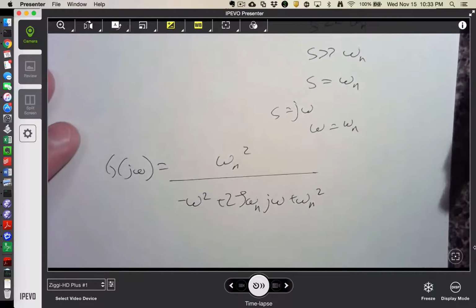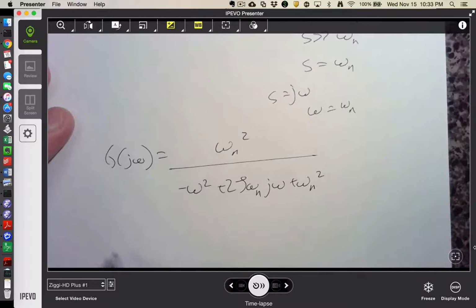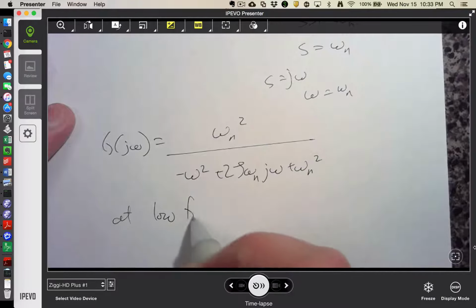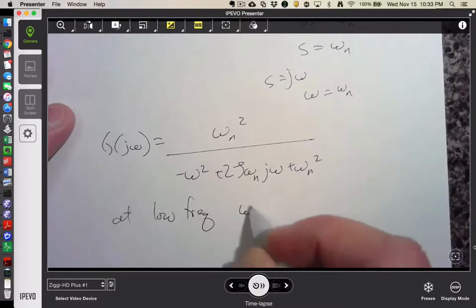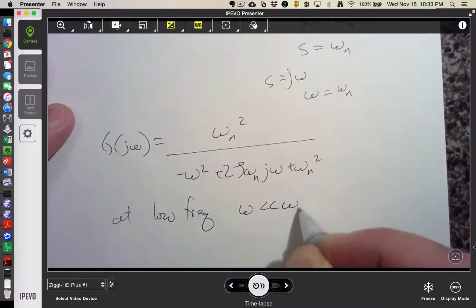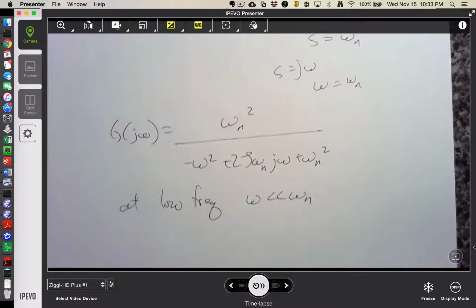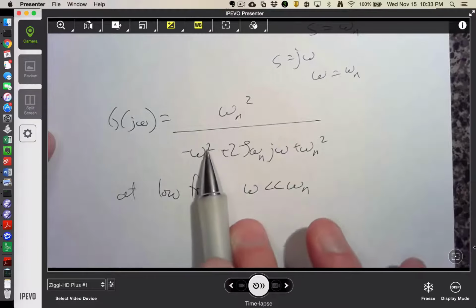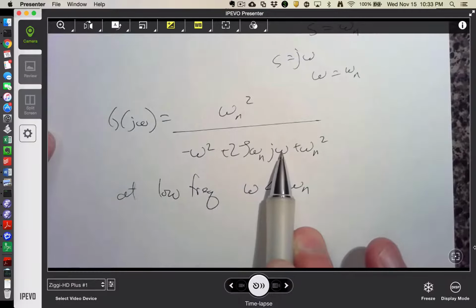So at low frequencies, we're talking about omega much, much less than omega n. This term would be small because it's an omega squared, but this term would also be small.